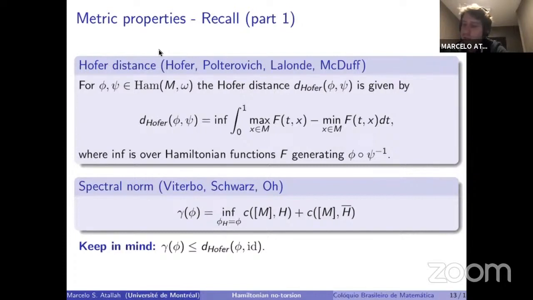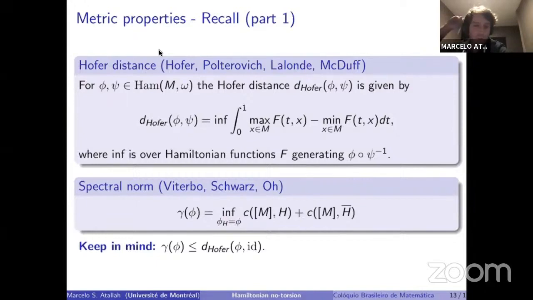The Hofer distance is a distance on the group of Hamiltonian diffeomorphisms, which is calculated by this infimum over the Hamiltonian functions which generate this composition. And the spectral norm, which is calculated in terms of these spectral invariants, where this infimum is taken over all the Hamiltonian functions which generate phi, is a norm on the group of Hamiltonian diffeomorphisms.